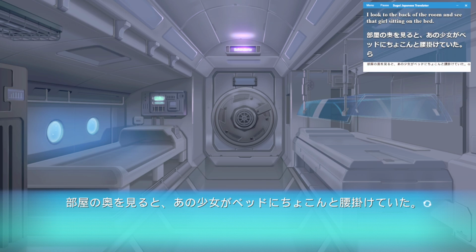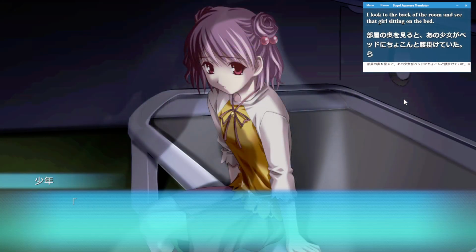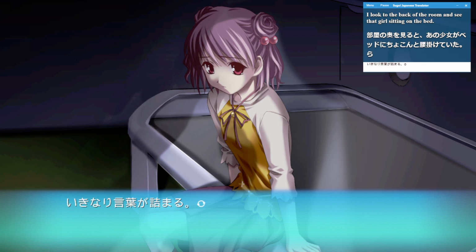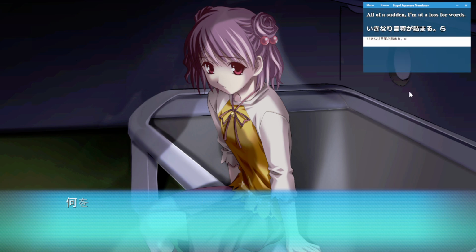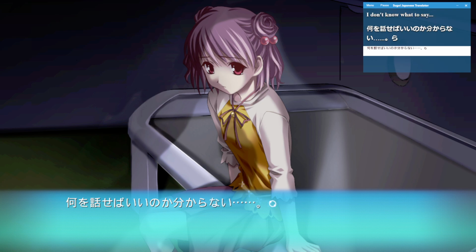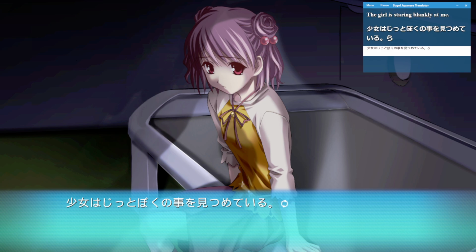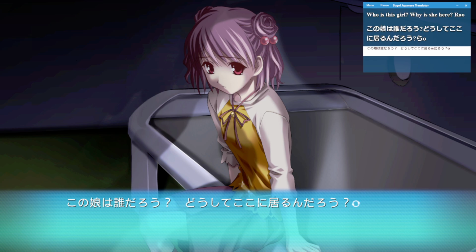I look at the back of the room and see the girl sitting on the bed. All of a sudden, I'm at a loss for words. I don't know what to say. The girl is staring blankly at me. Who is this girl, and why is she here?